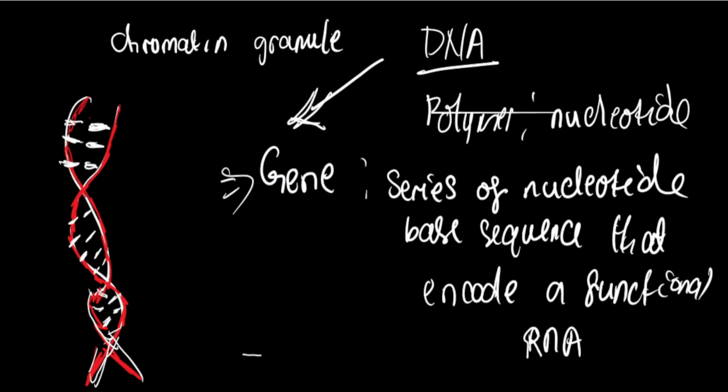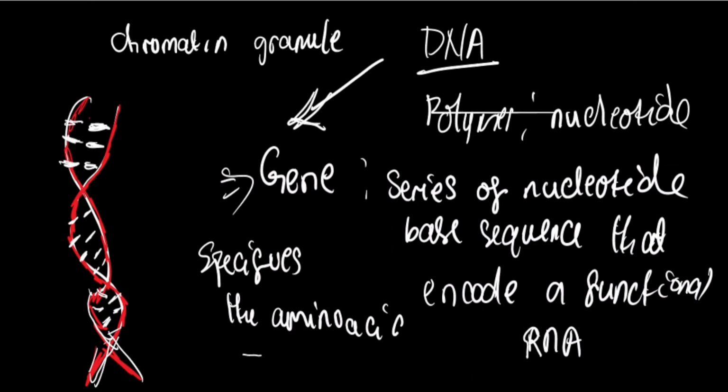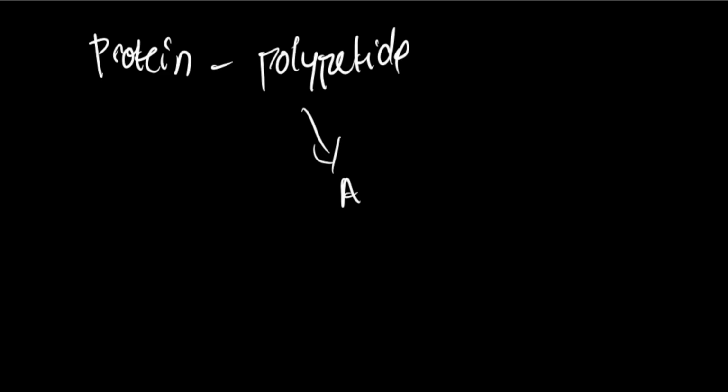In addition to encoding a functional RNA, a gene also specifies the amino acid sequence in a polypeptide. Now, we're probably aware of the fact that protein is made of a combination of polypeptides, and polypeptides are formed from long chains of amino acids.